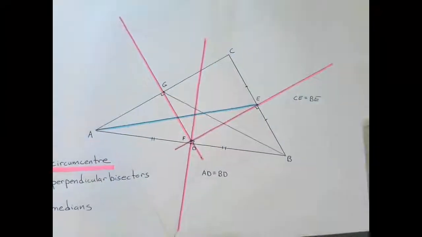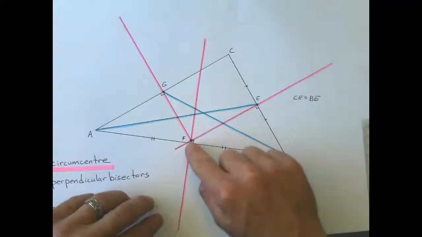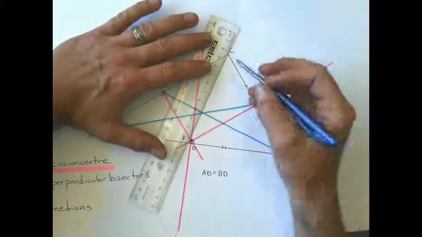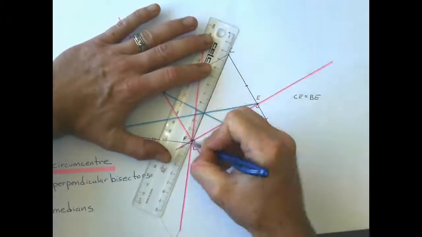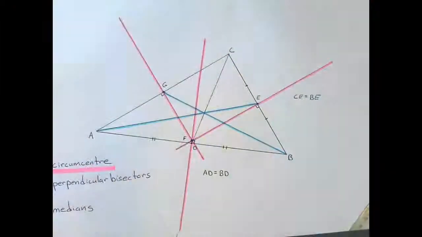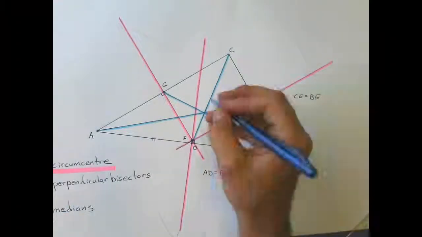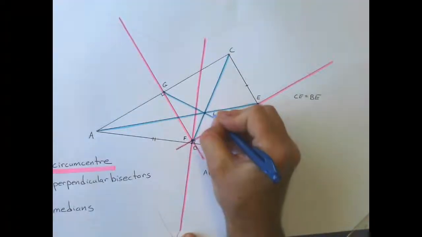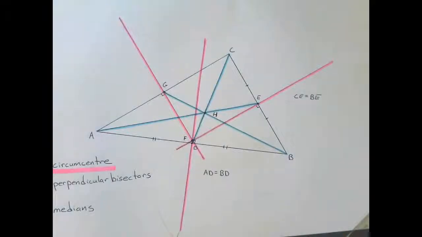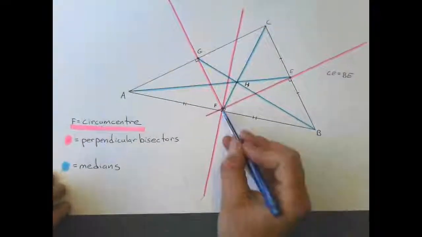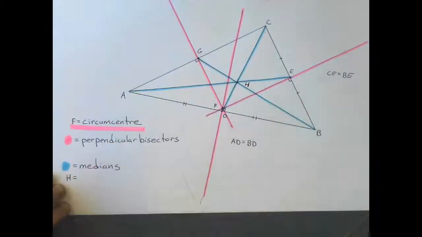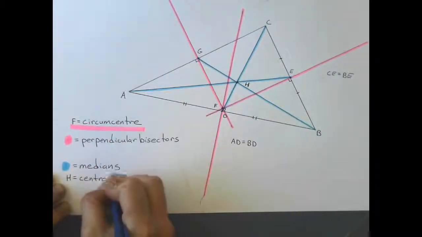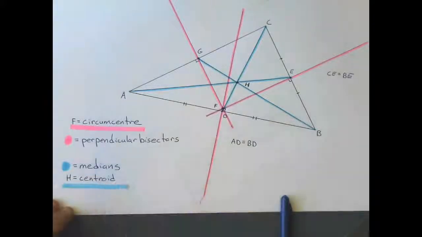And the last median is going to be from C to the midpoint over there, which is D. And carefully there. And lo and behold, all three medians intersect at a point as well. That is pretty amazing in itself. We'll call that point H. Lastly, I'm going to do the altitude, but before I do that, H has a special name. It's called the centroid, where all three medians intersect.